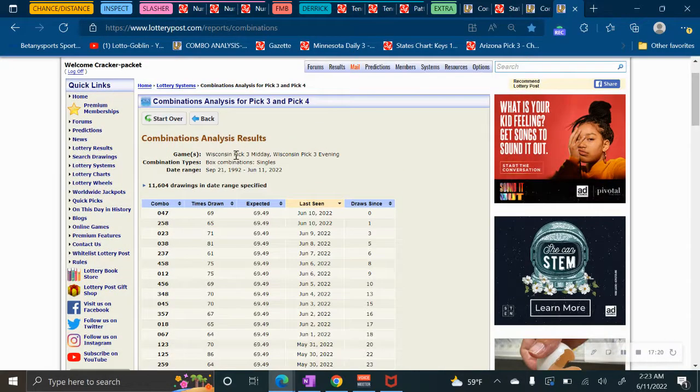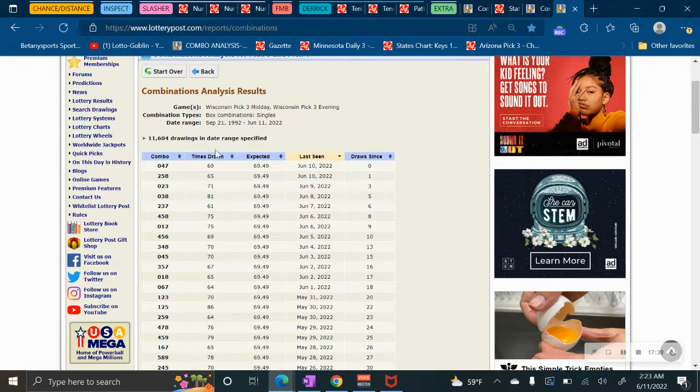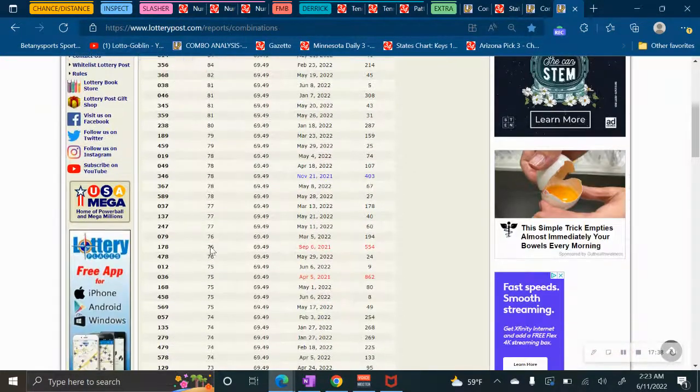Now this is just doing Wisconsin midday and the evening together. And so 60, 60 tomorrow, I think tomorrow is going to be a 70. So what I will do is I'll go to the top. These are the top combinations drawn 86 times. If I think tomorrow is going to be a 70, I'm going to collect not the 79, because that's going to turn to an 80.